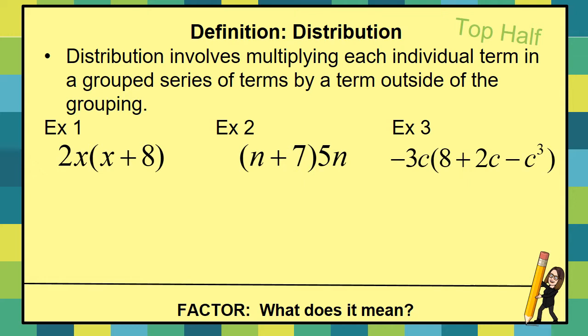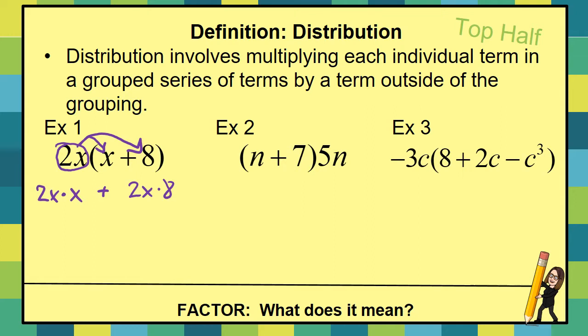I have a term on the outside, and I need to distribute it to every term on the inside. Now you don't have to write this piece down, but what that means is I'm going to have a 2x times x, a plus sign, and a 2x times 8. My hope is that what I just wrote down we can think of mentally.